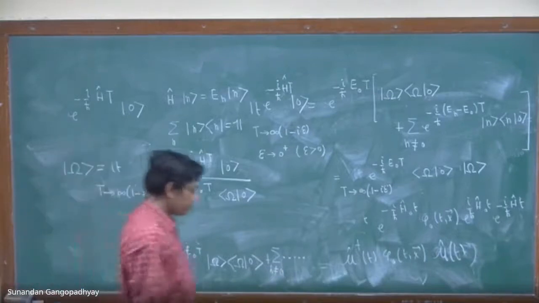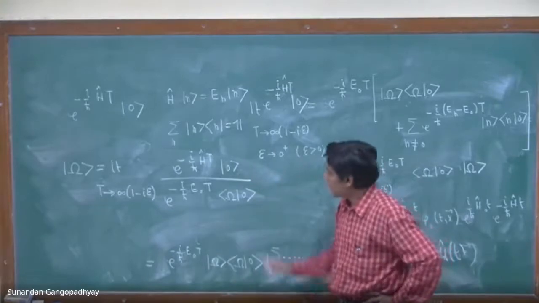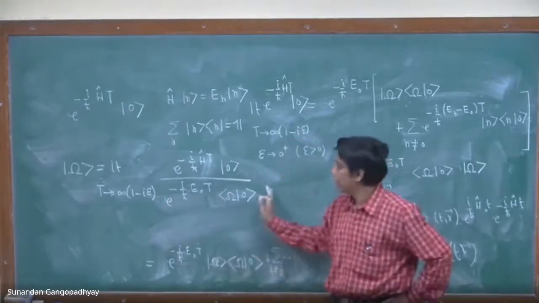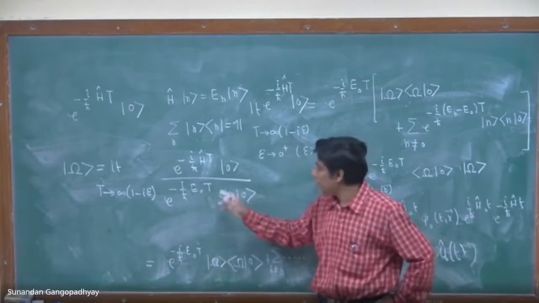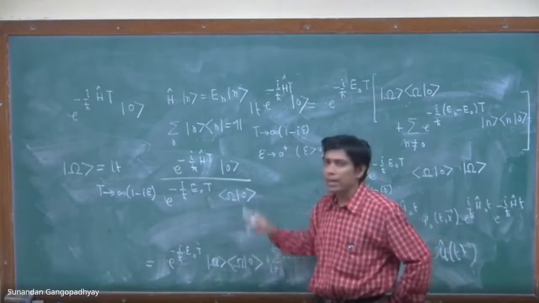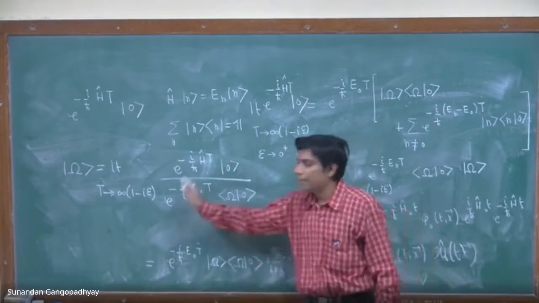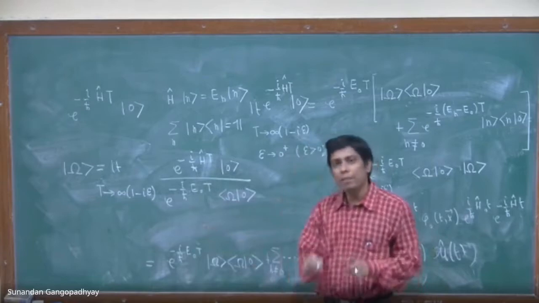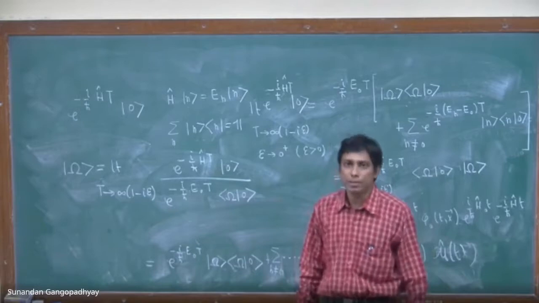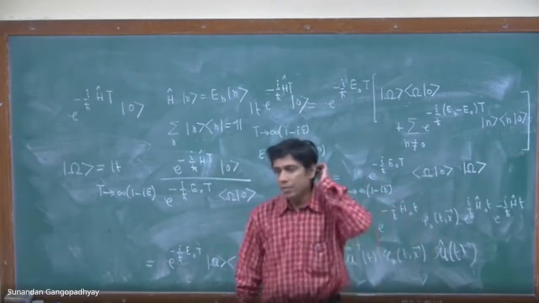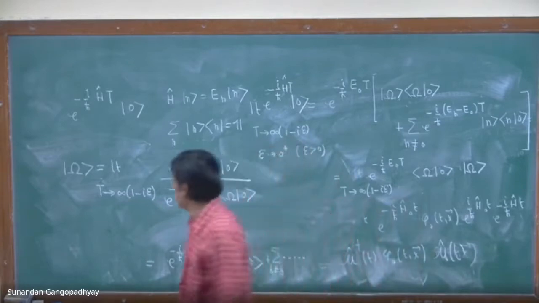Now you can see that this is a pure number. You don't know what this number exactly is because there is |Ω⟩ sitting over here. But you don't need to know that number, because you can get rid of it by dividing by ⟨Ω|0⟩⟨0|Ω⟩. That will take care of the normalization. At the end of the calculation, you can just divide by that.